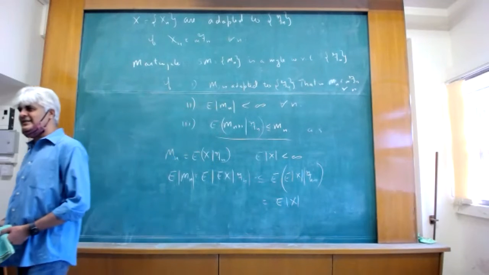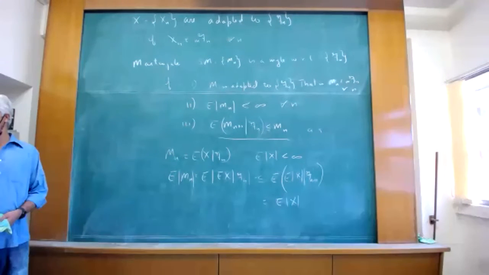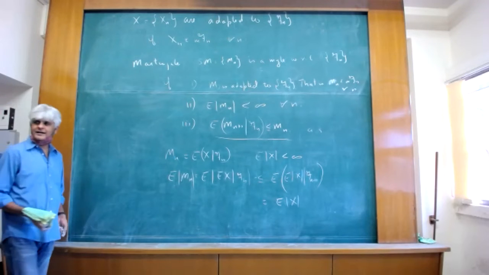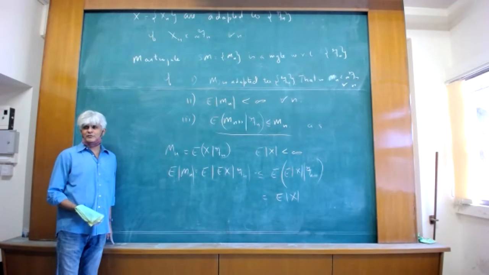So why was this naming done? All of this was done by J. L. Doob. He defined martingales, he proved the main theorem, he did everything in martingales. It's a little deep thing, I won't go into it.